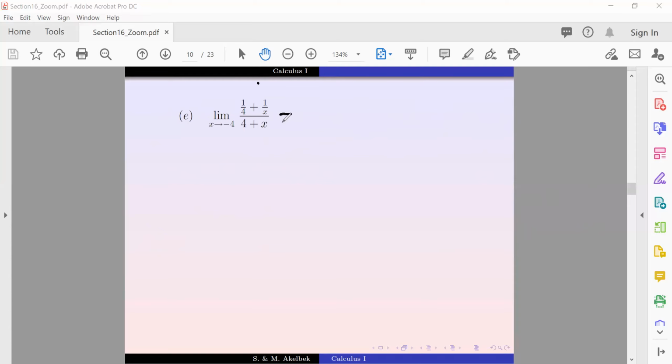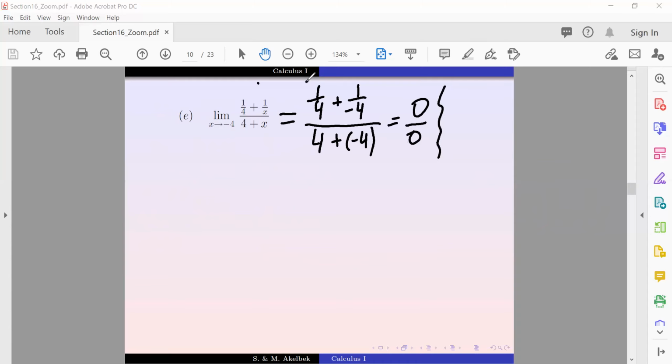I always start by substituting the number -4 and seeing what happens. 1 over 4 plus 1 over -4, and 4 plus -4. 1 fourth minus 1 fourth is 0, and 4 plus -4 is 0. I got 0 over 0. If you have 0 over 0, that means we need to do something, reduce the fraction or do something.